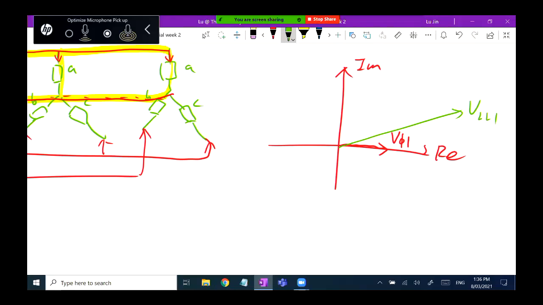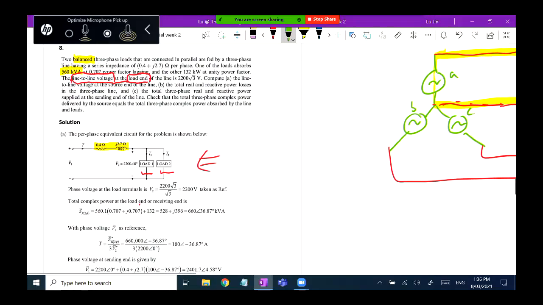How long will be the line-to-line voltage? That's square root of 3 times stronger than the phase voltage. But the question here is, we have already known the line-to-line voltage magnitude is 2200 square root of 3. So what is the phase voltage? Phase voltage will be using this number divided by square root of 3. So this size is 2200 volts. Okay, everyone? Yeah. So this is why we need the first step calculation. Of course, this step is calculating the magnitude only, without the angle.